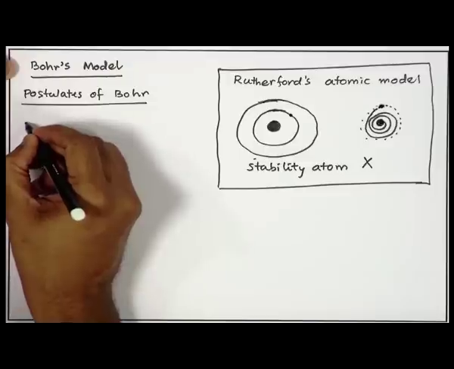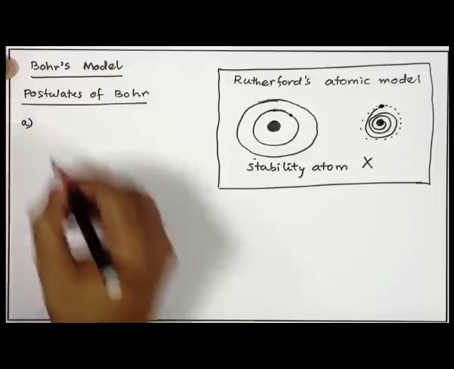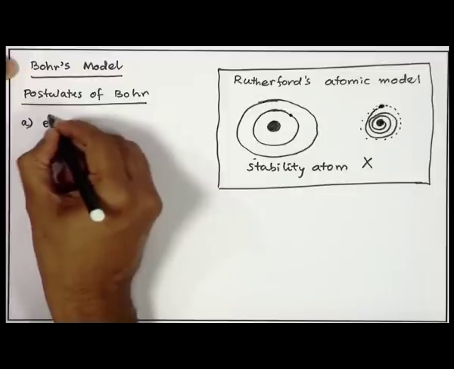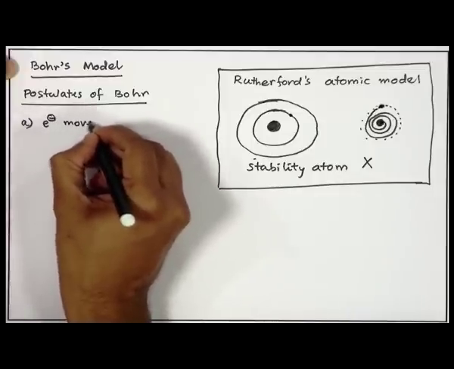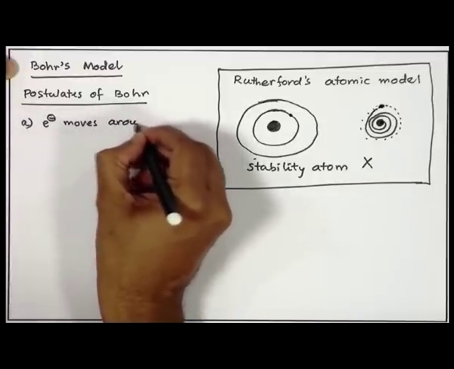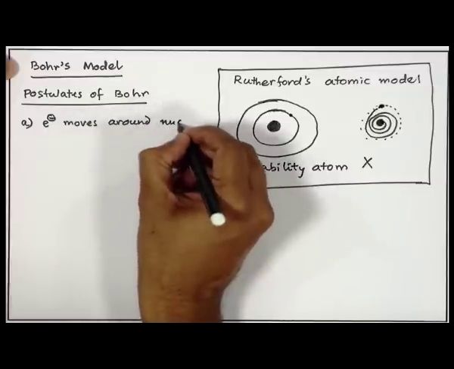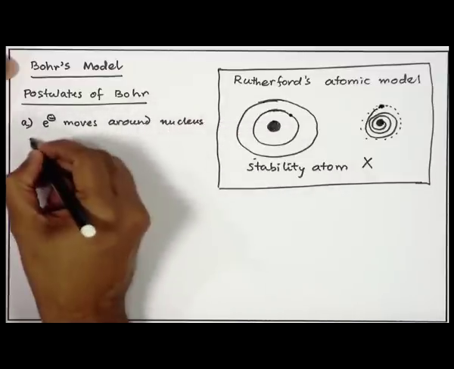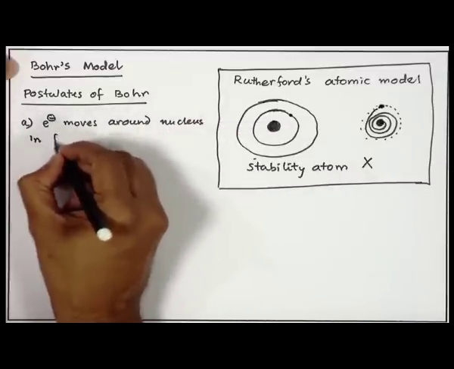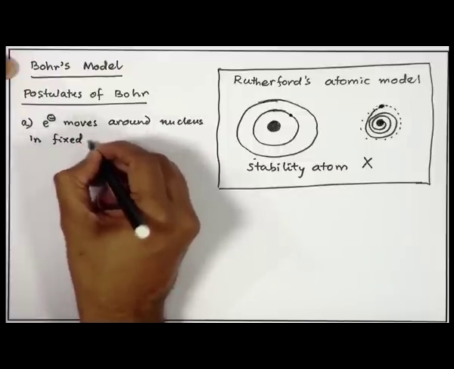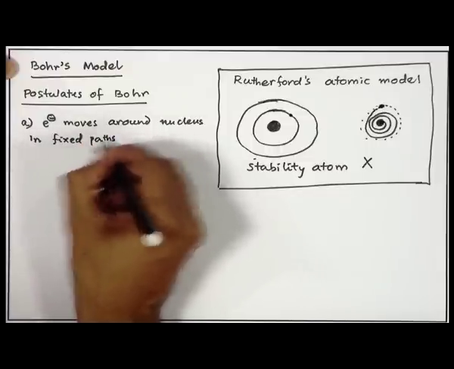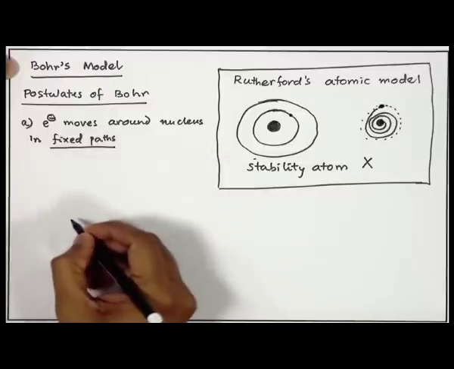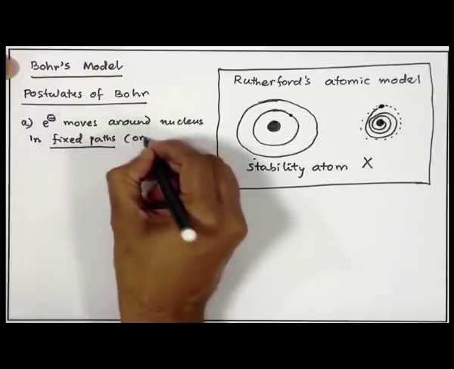Bohr first suggested that the electron moves around the nucleus in what he called fixed paths. He called them orbits.